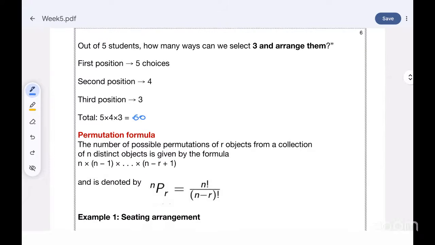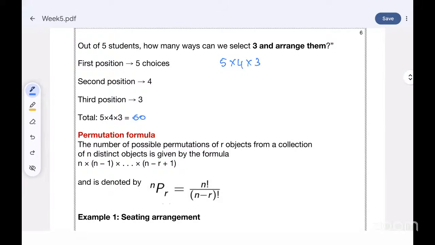So here, the number of possible permutations of r objects from a collection of n distinct objects is given by the formula n into n minus 1 into so on, n minus r plus 1. Okay, and it is denoted by nPr is equal to n factorial by n minus r factorial. Why is this n factorial by n minus r factorial? Because here you see that it is 5 into 4 into 3.